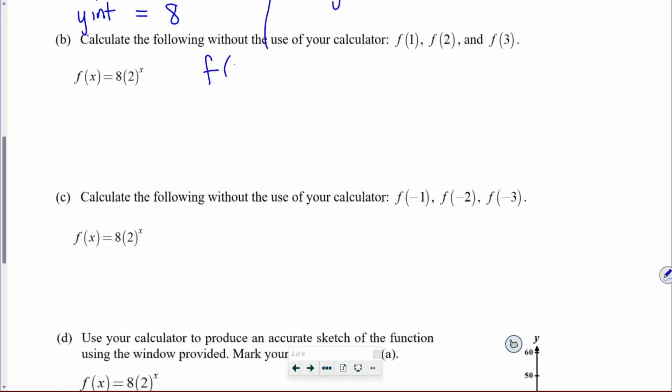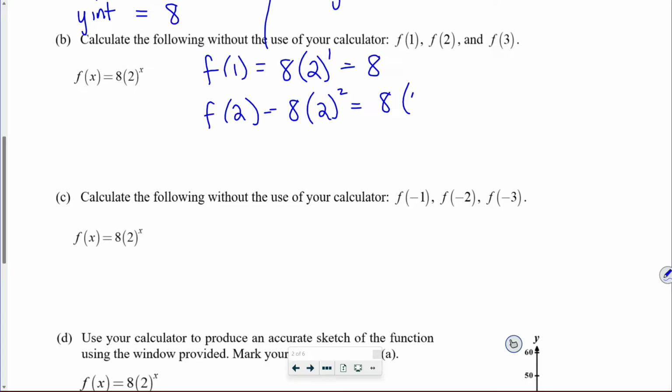So f of 1 is 8 times 2 to the first, which is just 16. f of 2 is 8 times 2 squared, and order of operations says that we should square that number first, and therefore we get 32. And f of 3 is 8 times 2 to the third.